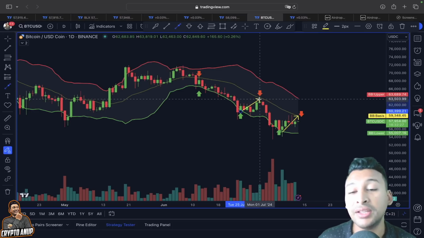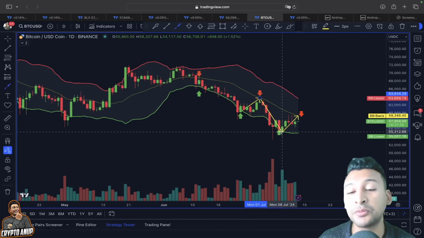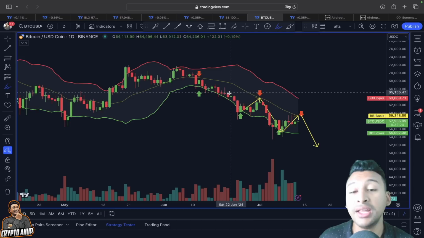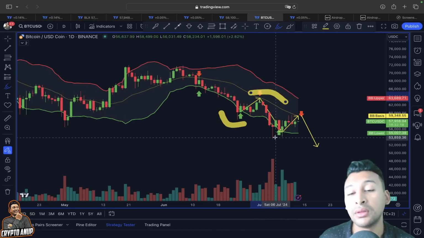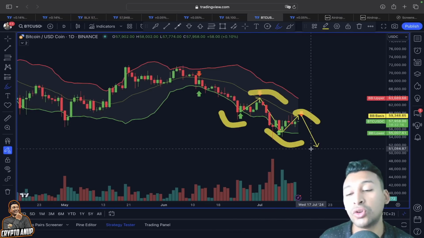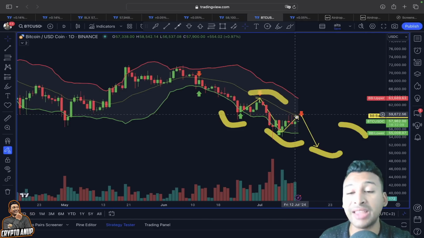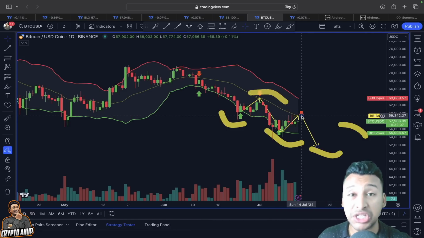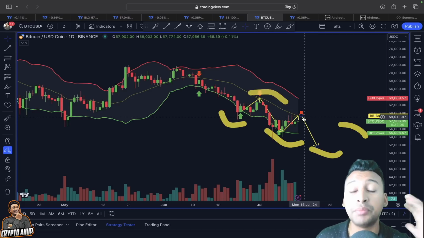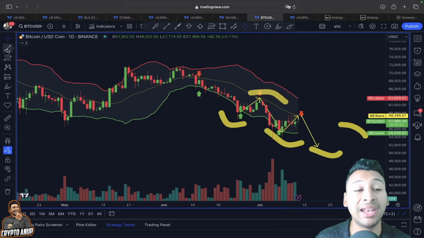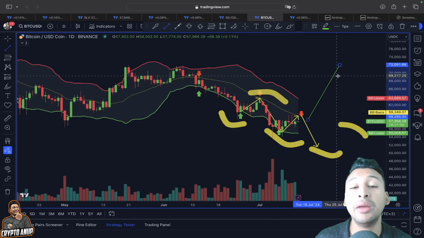Again, this center line or the signal line must be broken, otherwise it is going to result in another continuation to the downside, price forming lower highs and lower lows, a bearish continuation pattern. So this 60,000 center line will be attracting us for the medium short term, but we have to flip that into proper support if we want to see an actual bullish continuation playing out in our case.